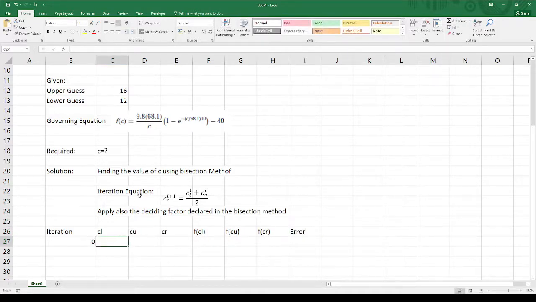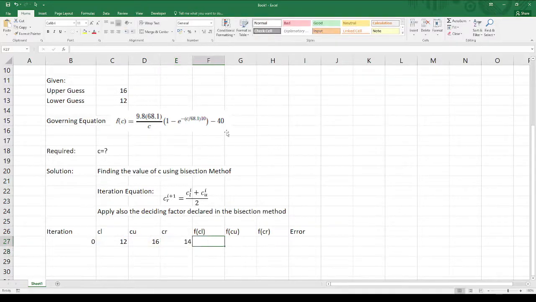First, in the 0 iteration, the initial situation here, we have 12 and 16. And again, we are taking the average, so you're just taking the sum of your upper and lower guess and dividing it by 2.